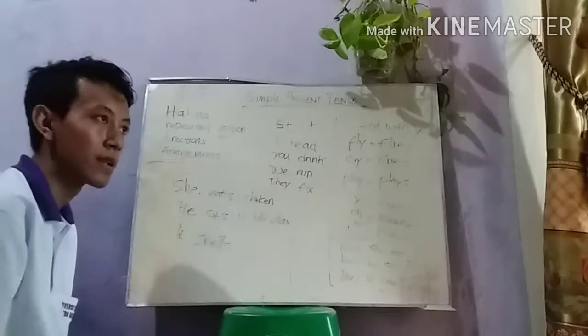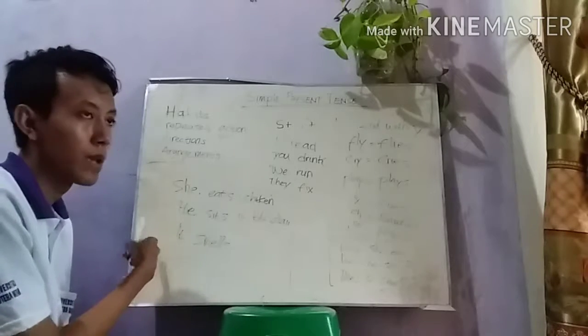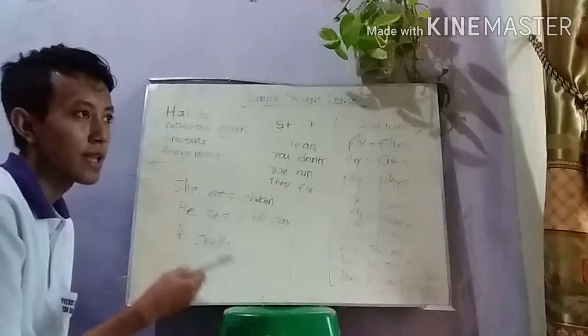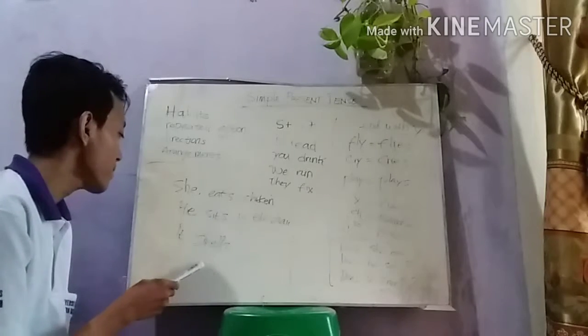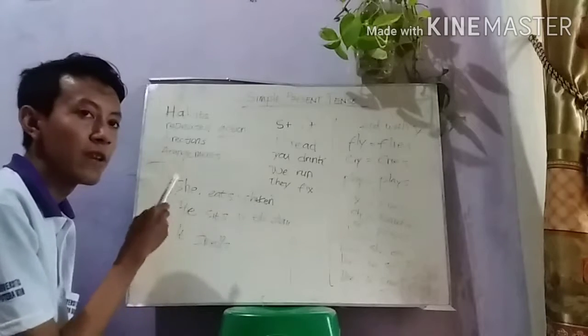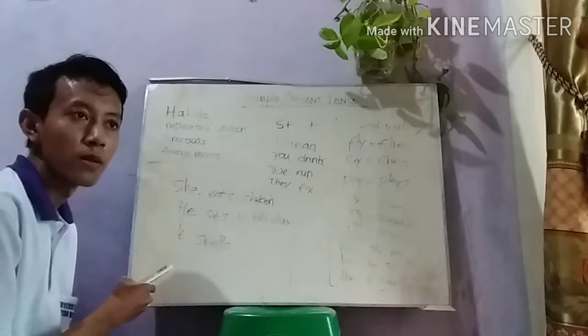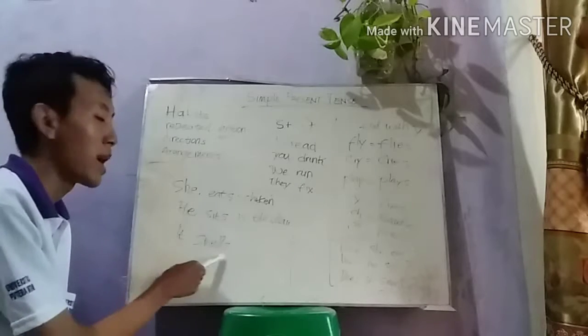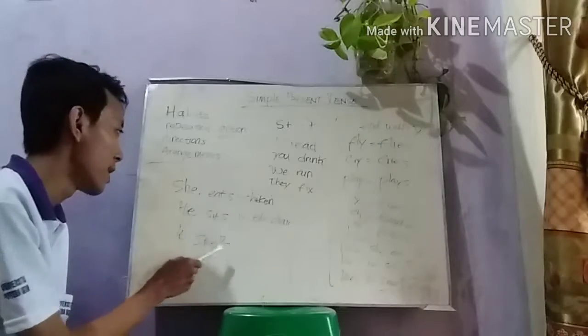If we use he, same too, the verb we add s behind it, he sits in the chair. If we use it, it's something or a thing, not a human. It smells, for example, we add s behind it.